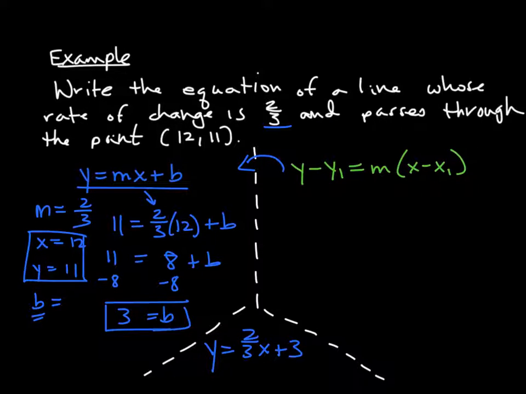Now, going over to the other side, let's say I wanted to use y minus y1 equals m times x minus x1. Very similar, same type of thing. However, the difference with this one is that if I put multiple x's in a problem, I use subscripts to denote which variables I will actually be substituting for.